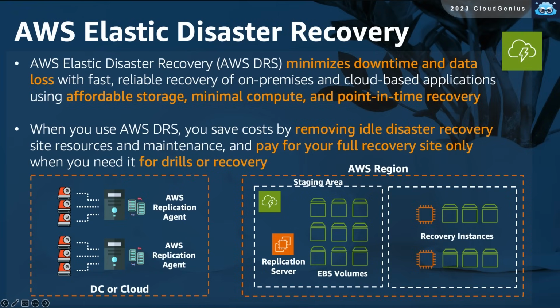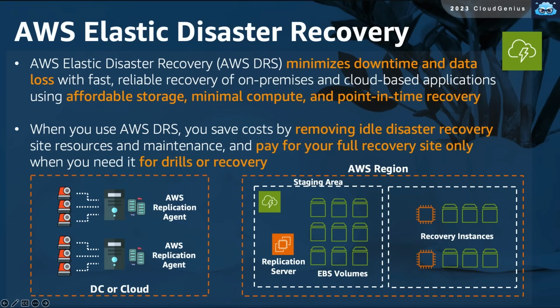Here's how it works. You start by setting up a disaster recovery environment in a different AWS region from your primary infrastructure. This secondary environment serves as a standby, ready to take over in case of an outage. AWS Elastic DRS provides automated replication of your applications, data, and configurations from the source environment to the secondary region, ensuring continuous synchronization and availability.